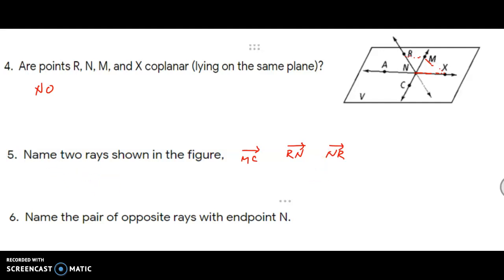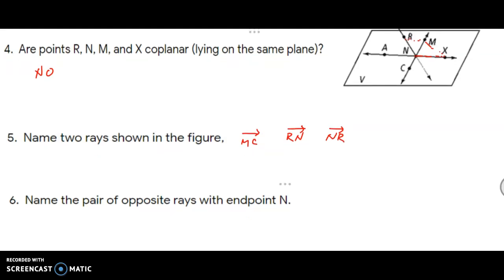Number 6, name the pair of opposite rays with endpoint N. All right. So sharing the endpoint N, you have one going to NA in that direction, right? And also NX, all right? Okay, now this is just notation, all right? And I've seen this happen in the past.